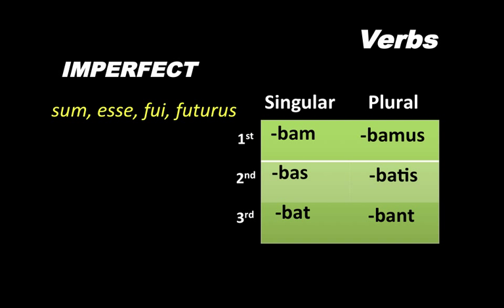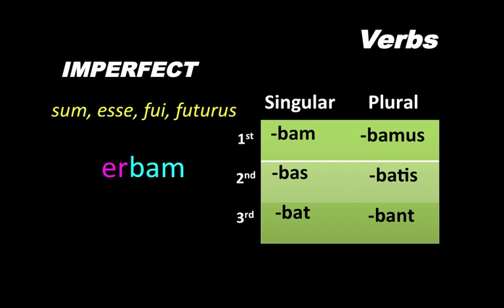However, there are a couple irregular verbs, and sum happens to be one of the biggest ones. Sum is irregular because its stems are continually irregular, and the imperfect stem for sum is ER. If we were to take our imperfect ending bam, ebam is difficult to pronounce.